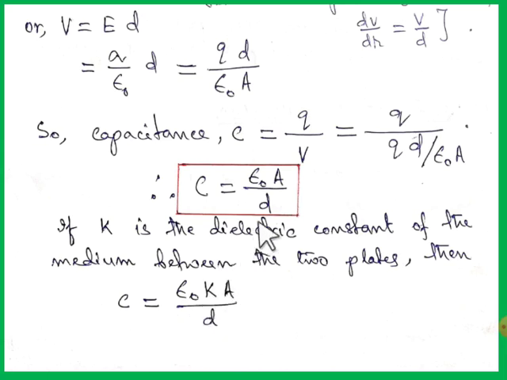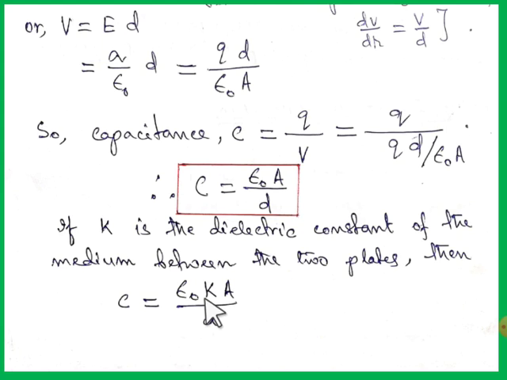Now see, if a dielectric medium is inserted between the two parallel plates, a factor of K will be there. If your vacuum is replaced by a dielectric, then capacitance increases because K is always greater than 1. So your capacitance increases when a dielectric medium is inserted between the two parallel plates, right?